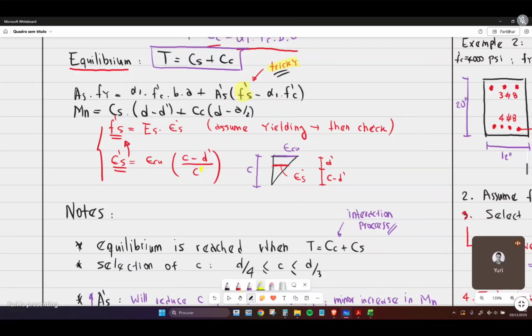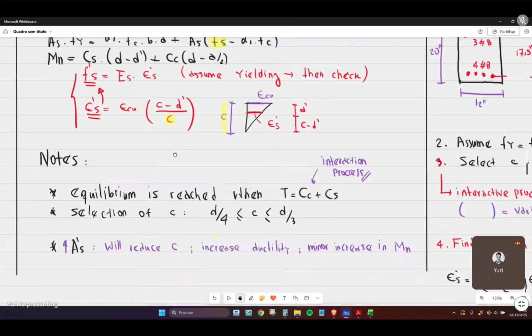So the idea here is that we try a specific c. We don't know exactly the position of the neutral line, so we try one, and then we check to see if we have equilibrium. Okay, so that's the main idea behind it.